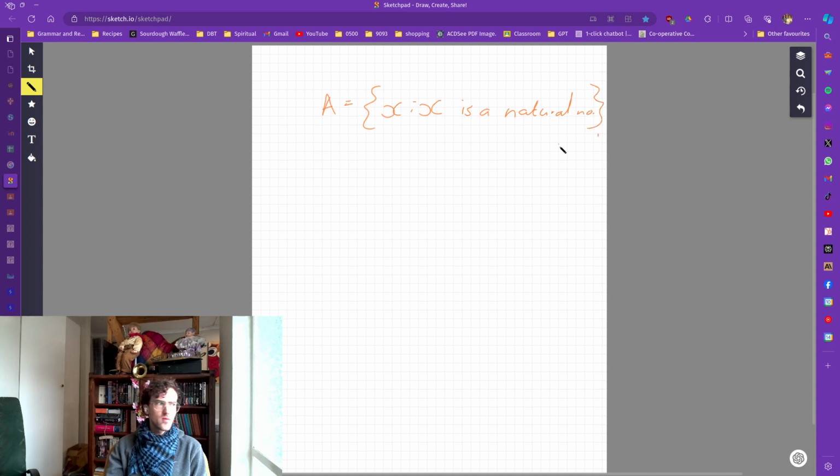So that's one way of writing it. Another example is B is equal to A, B, C, or it could be B is equal to 1, 2, 3, 4, and so forth.